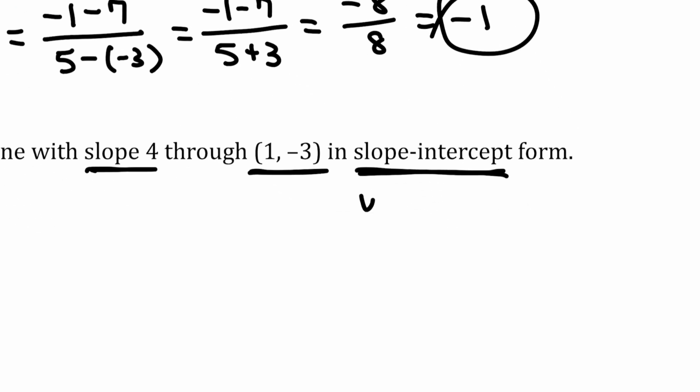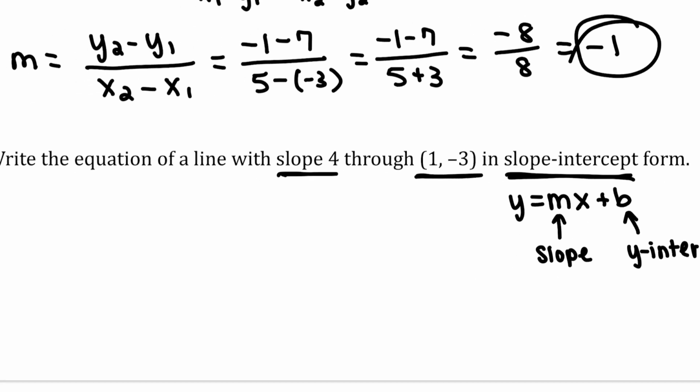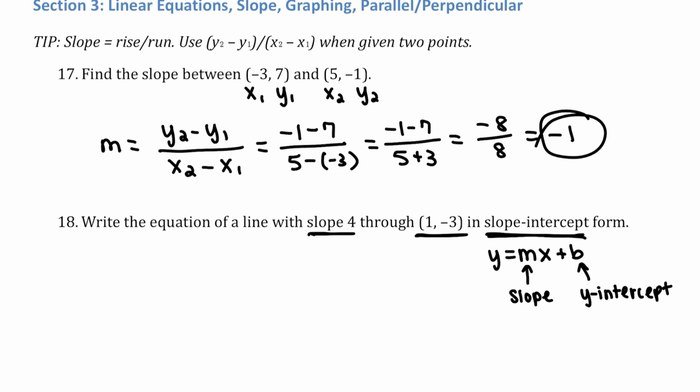Slope-intercept form is y equals mx plus b, where m is our slope and b is our y-intercept, hence the name slope-intercept form. We were given a slope and a coordinate.